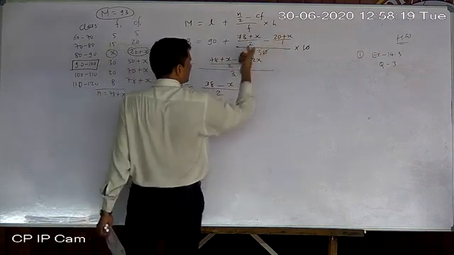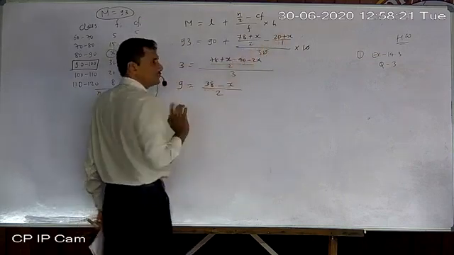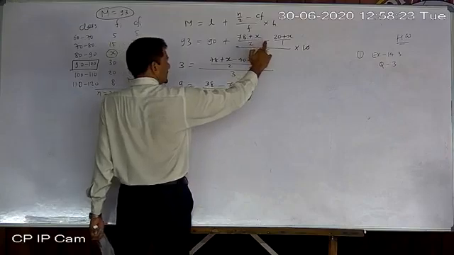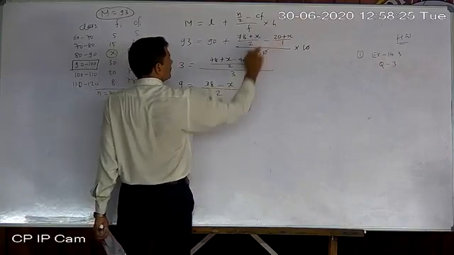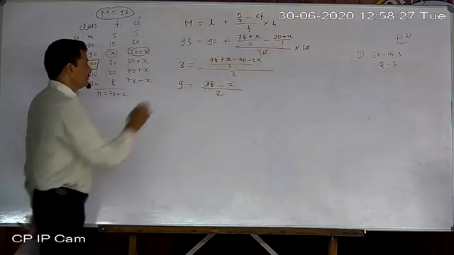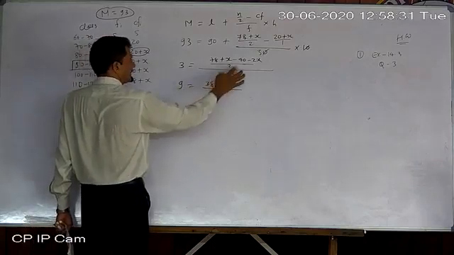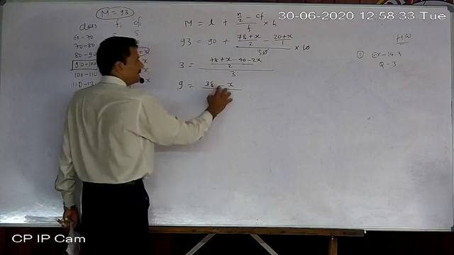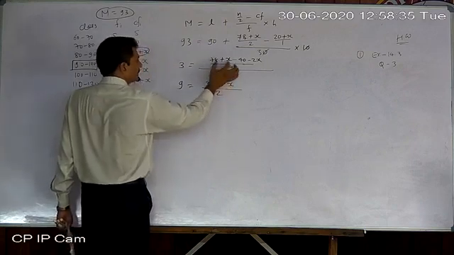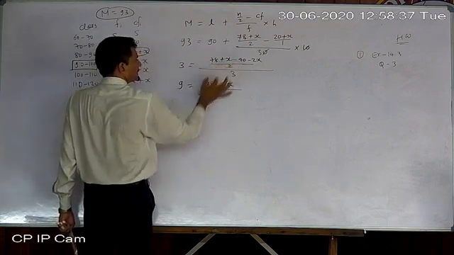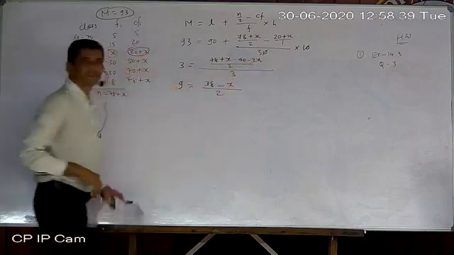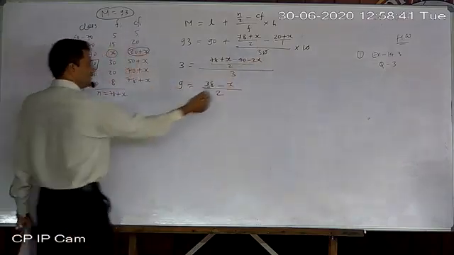Now 20 plus x into 2, so 40 plus 2x, but in between a minus sign is there, so both become minus. Now 3 is shifted here, so it is 3 3s are 9. Now the numerator comes here, so denominator 2, and 78 like terms combine, so 38 minus 6. Now simplify it and find out x.